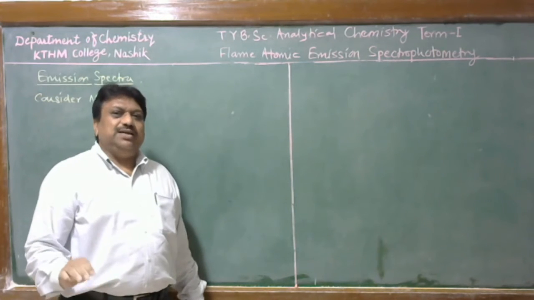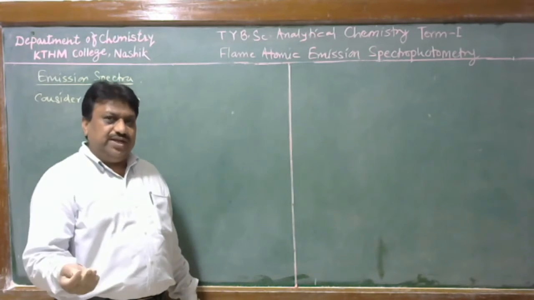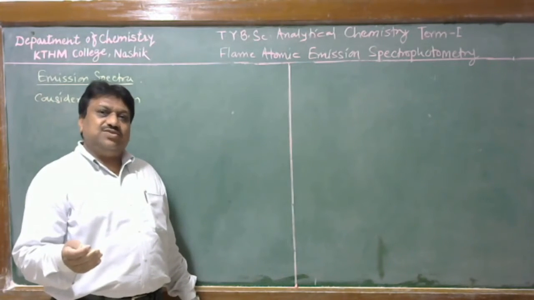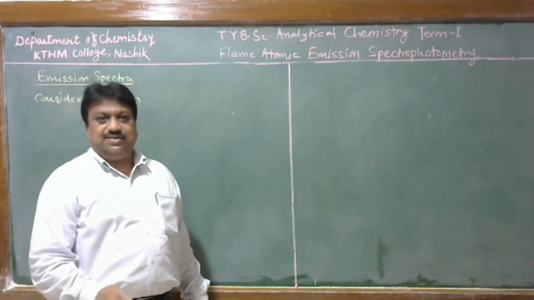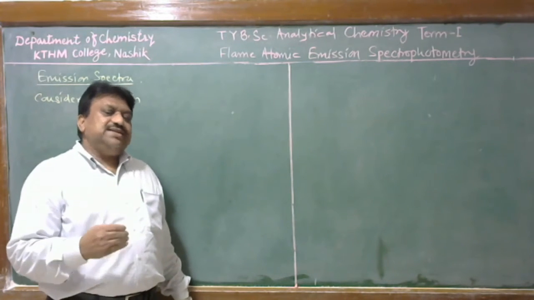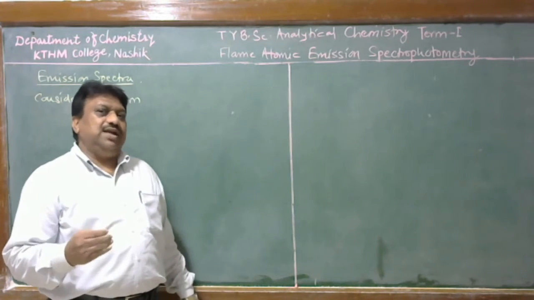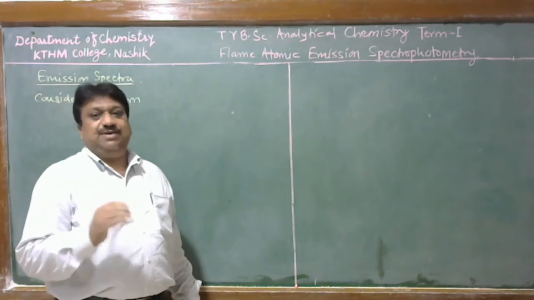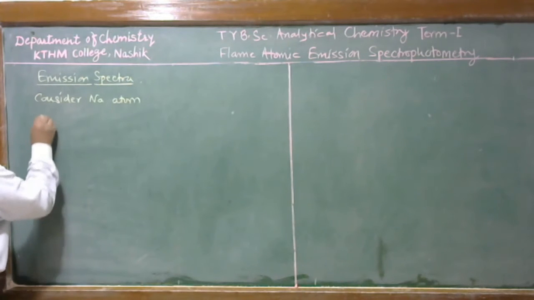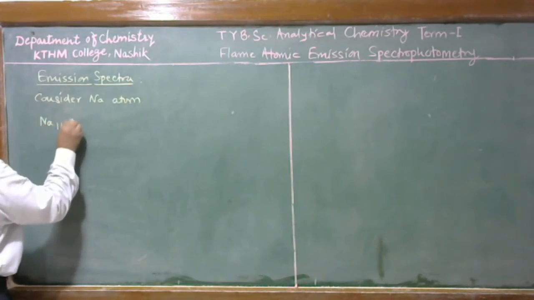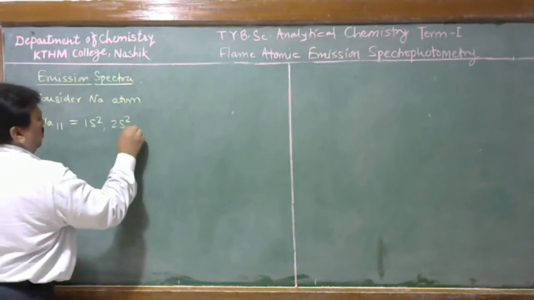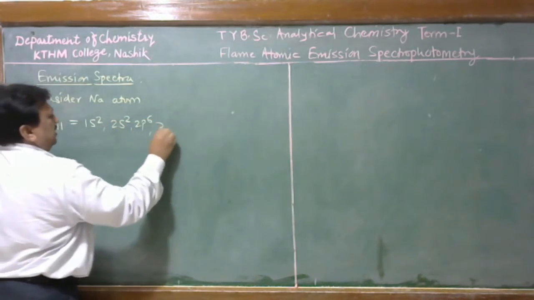These sodium atoms are converted to gaseous state sodium atoms, and these gaseous state sodium atoms undergo thermal excitation and emit a radiation. Here we have to discuss how the golden yellow color appears in the flame when we aspirate sodium into the flame. Sodium has 11 electrons. That means 1s2, 2s2, 2p6 and 3s1.